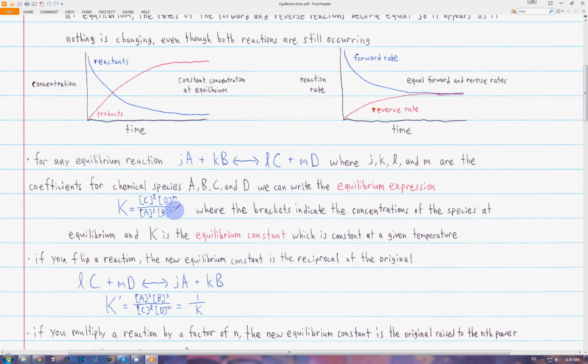And K is the equilibrium constant, which is always the same at a given temperature. So for example, at 45 degrees Celsius, the K for one reaction will always be the same. The only thing that can change the K value for a reaction is a change in the temperature.